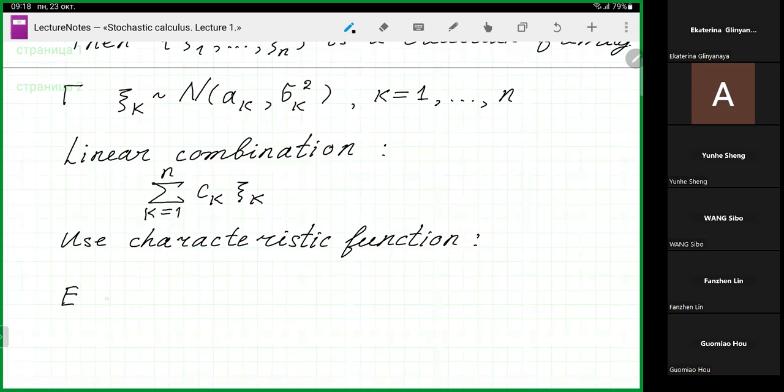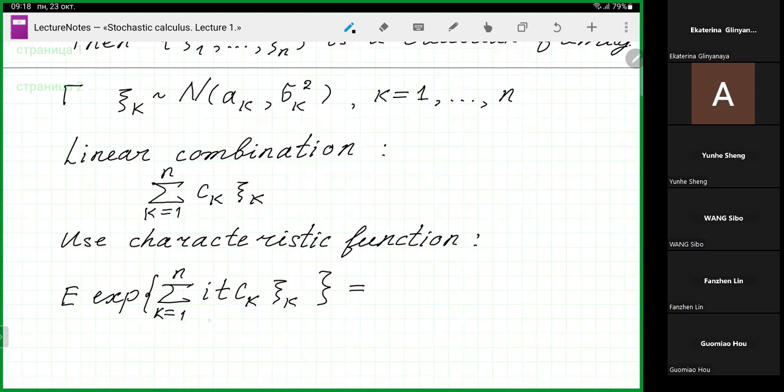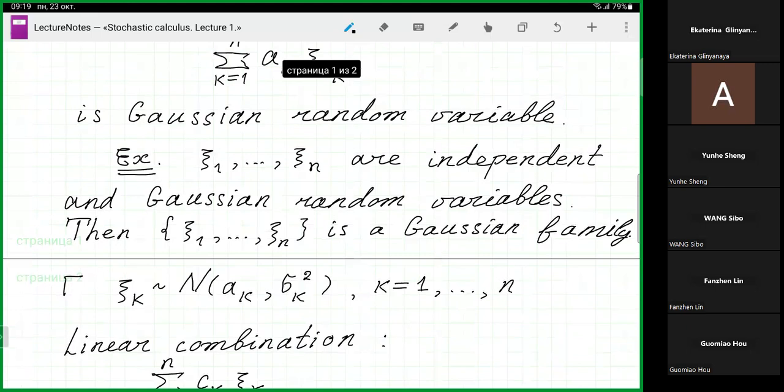The expectation of the exponent of the following sum, the sum from k equal 1 to n, of i t c k psi k is equal to... I take the multipliers imaginary unit and t from the definition of the characteristic function inside of the sum in order to emphasize that here we have a sum of independent random variables, because it is our condition.